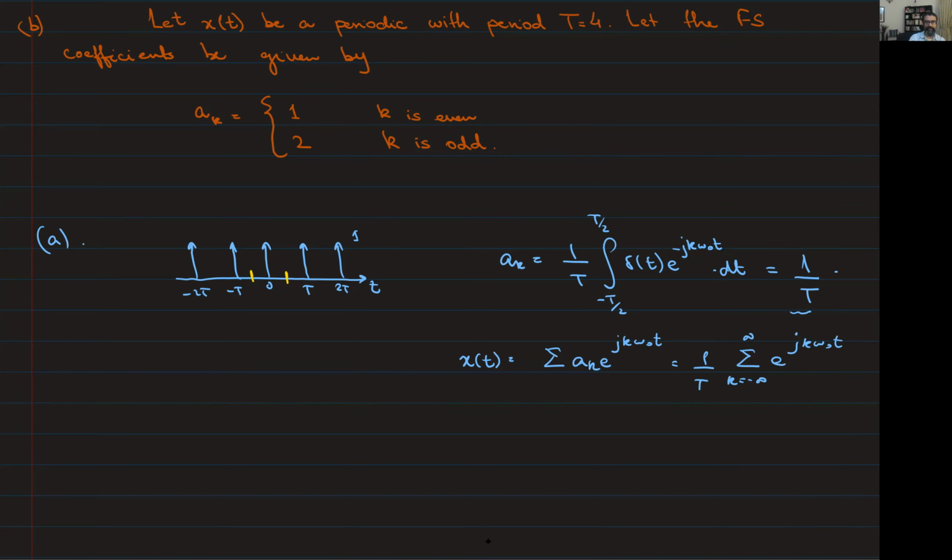This is a problematic sum because it does not converge. Using Fourier series analysis, this turns out to be equal to the summation from n equals minus infinity to plus infinity, a train of impulses.